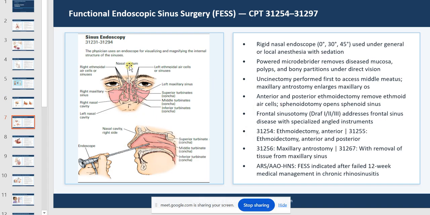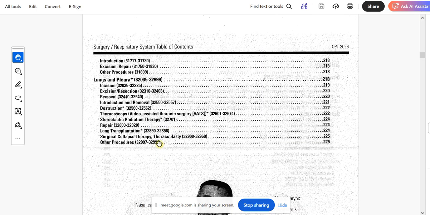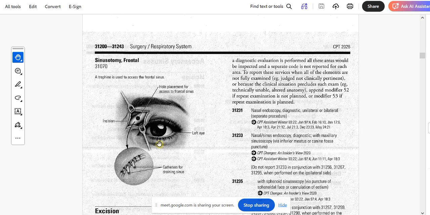So this is the sinus endoscopy we are talking about. This is an endoscope instrument, and diagnostic endoscopy is used to detect any abnormality. If any abnormality is detected, they'll go for a surgical endoscopy. So go through all these nasal endoscopy procedures.